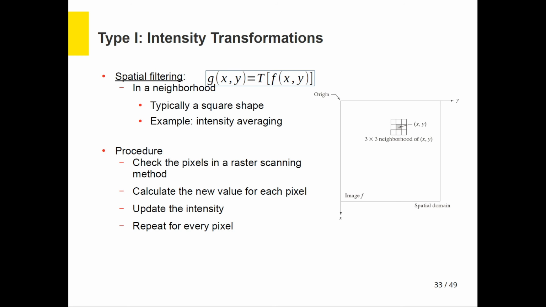And one example is intensity averaging. The procedure is similar to the previous one. The only difference here is that for every pixel that we go over in a raster scanning method, we find its neighborhood first. We do whatever operation that we want on the neighborhood, and then we update the corresponding location in the new image.